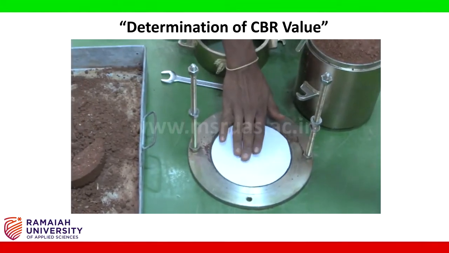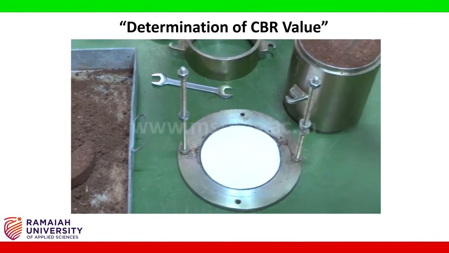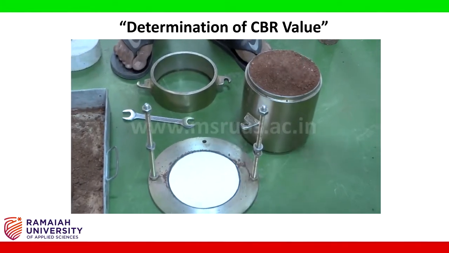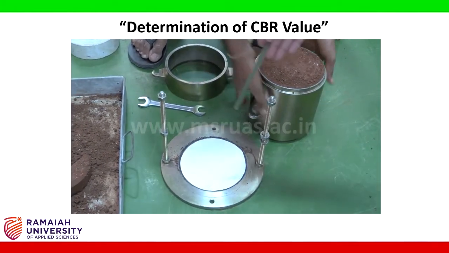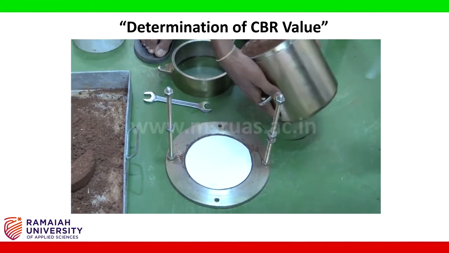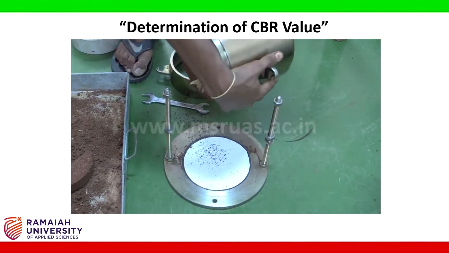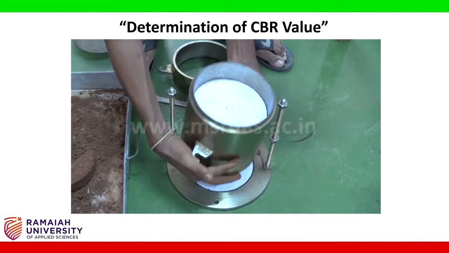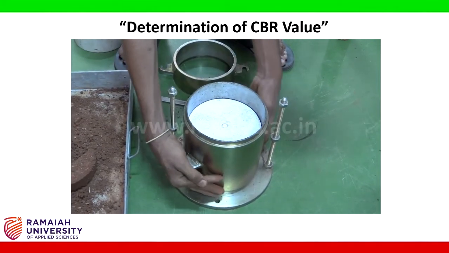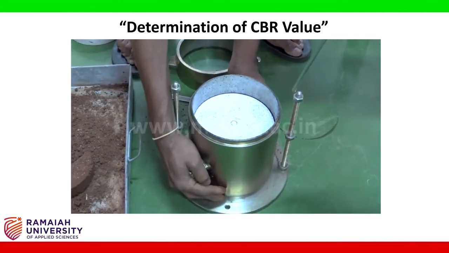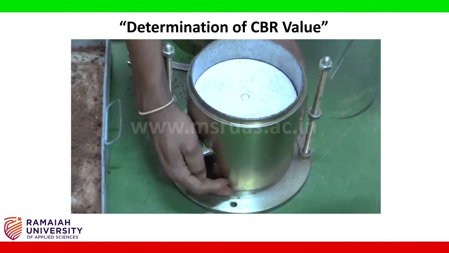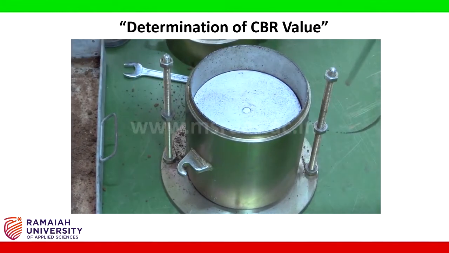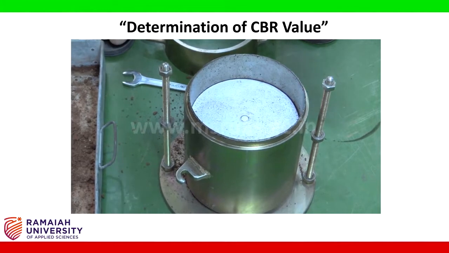After the filter paper is placed, we need to again transfer the mold back onto the base plate by turning it upside down. Place the mold carefully, keeping in mind that the mold sits exactly on the groove.